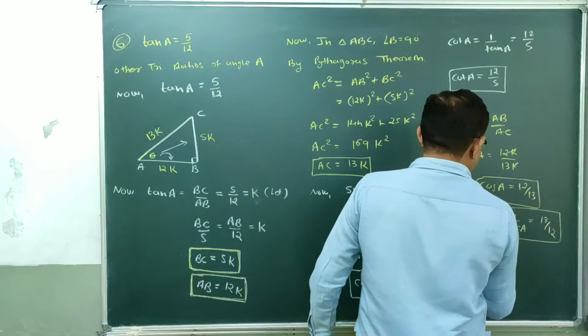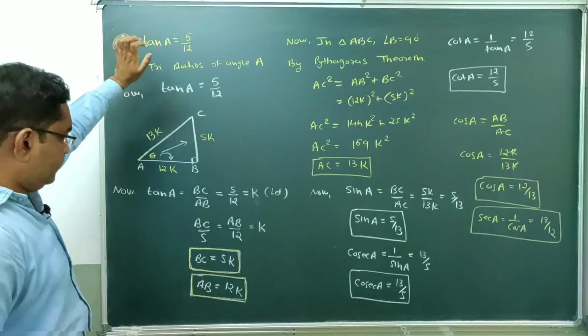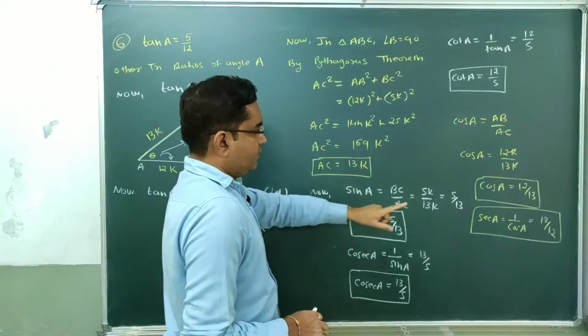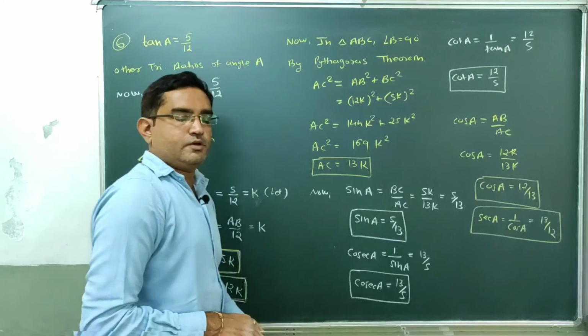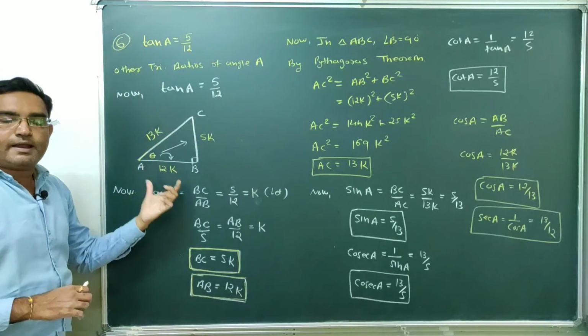Done. So all 6 trigonometric ratios are there. 1 is given, 1, 2, 3, 4, 5 and 6. Clear students? So this is how we can find all the trigonometric ratios by using the triangle method.